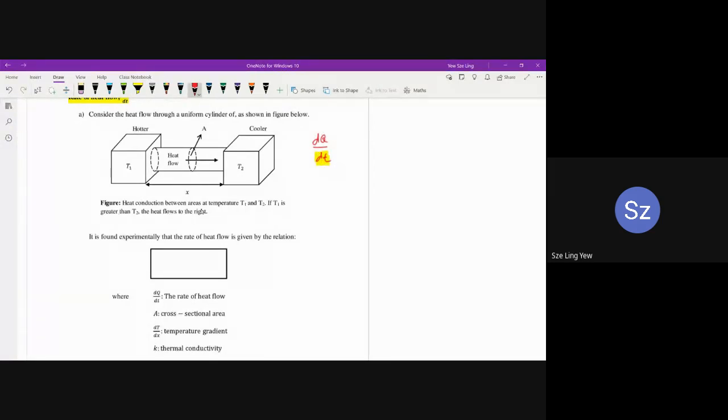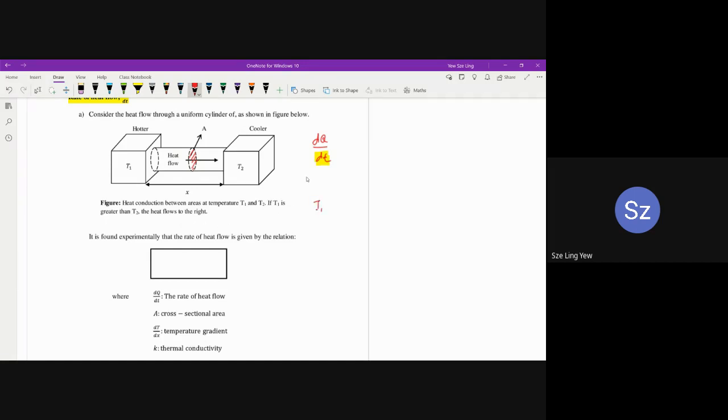So, heat conduction between areas at temperatures T1 and T2. The figure shows the heat conduction. The area here is the cross-sectional area. It is not the area of the whole item, but the cross-sectional area of the two ends. If T1 is greater than T2, then heat flows to the right.